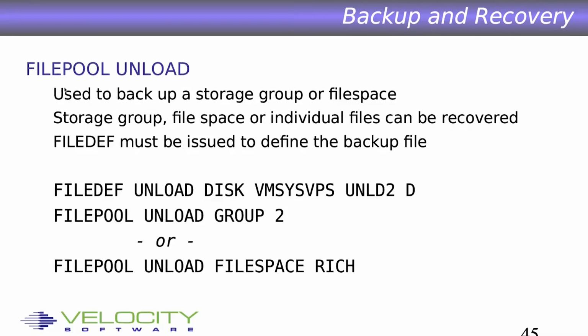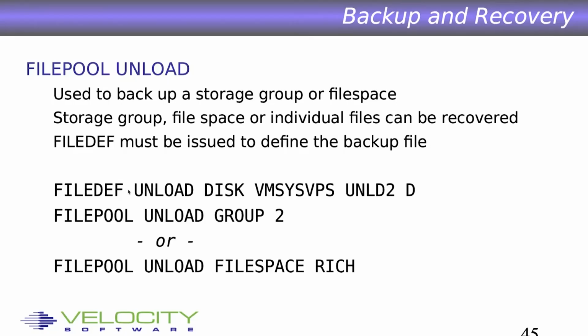There's another command called file pool unload, and this is used to back up a storage group or a file space. So you can back up individual user file spaces with this command. And a storage group, file space, or individual files can also be recovered from this command. A file def must be issued just like always.